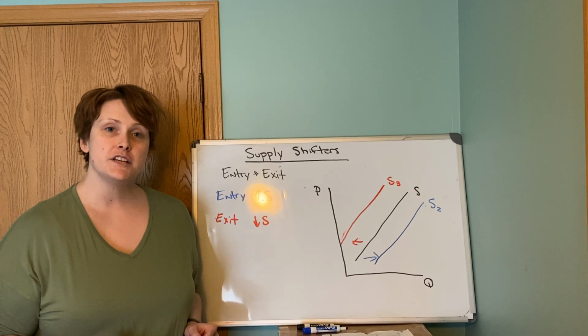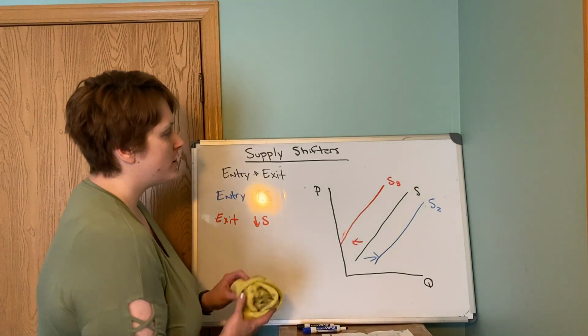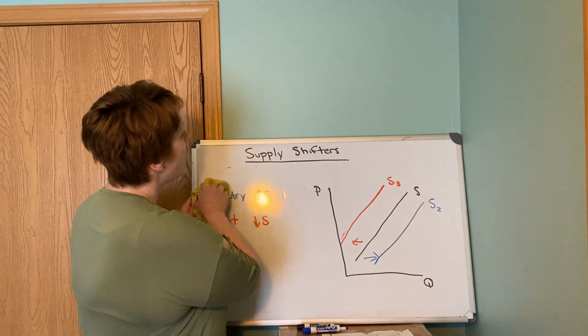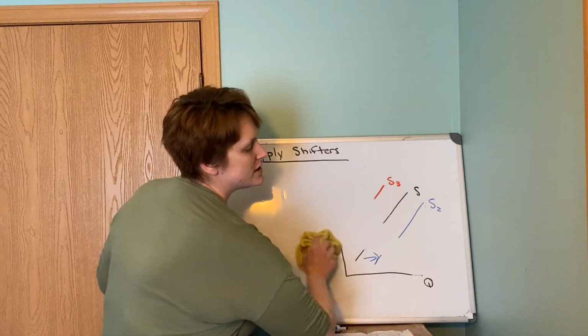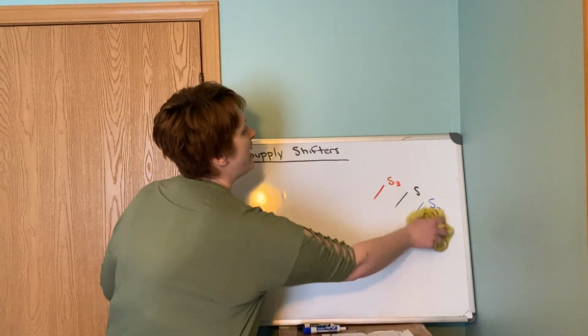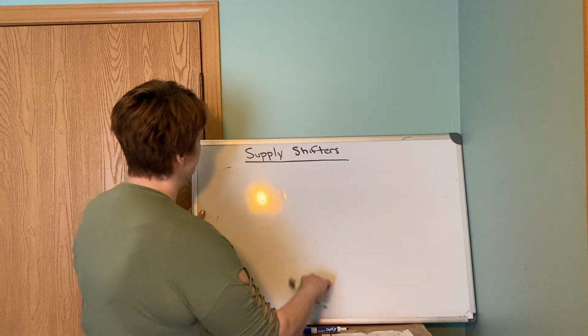The next thing we're going to talk about is expectations. And you may remember that expectations was also a factor, an exogenous variable, that caused our demand curve to shift. And in this scenario, our expectations are going to be a little bit different.